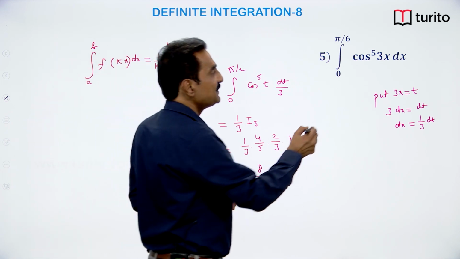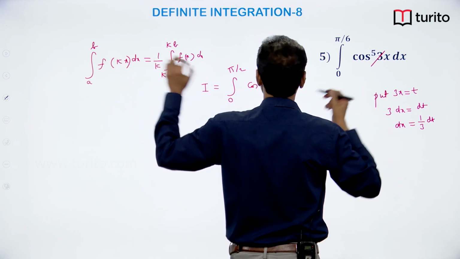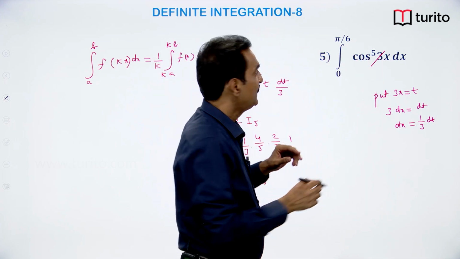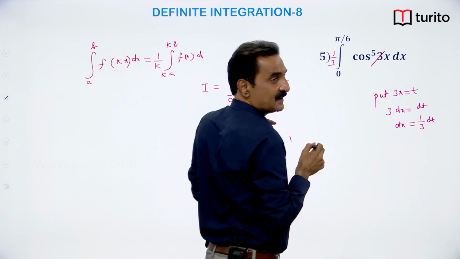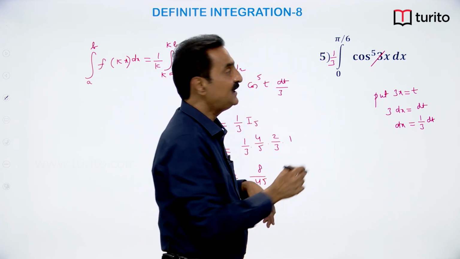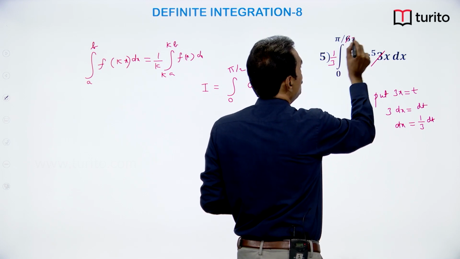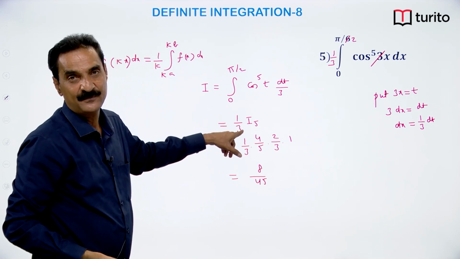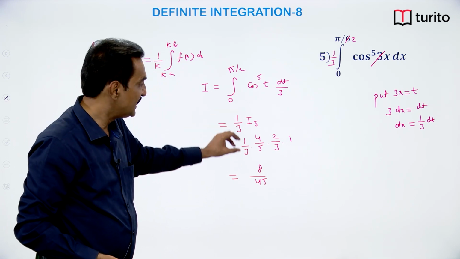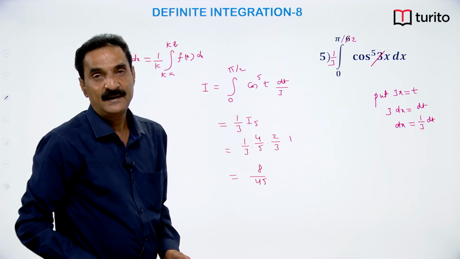So, using this formula, directly you remove this 3, here k is 3, then you will get 1 by 3, 1 by k. Ka to kb will be 0 into 3 is 0, and pi by 6 into 3 is pi by 2. Then directly you will get this step, 1 by 3 into I5. So, we can calculate the answer very quickly. Next question.